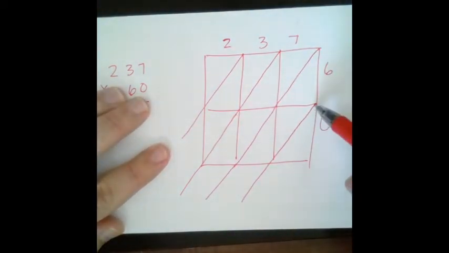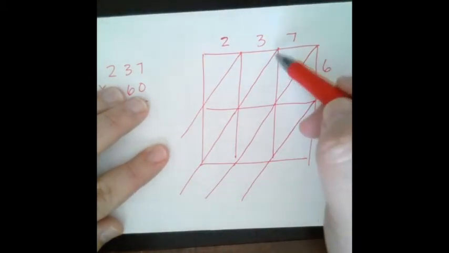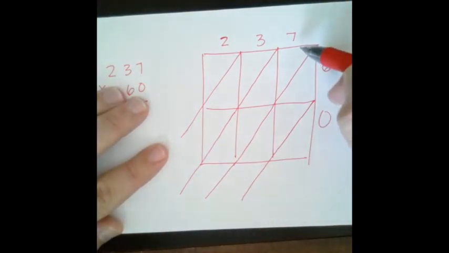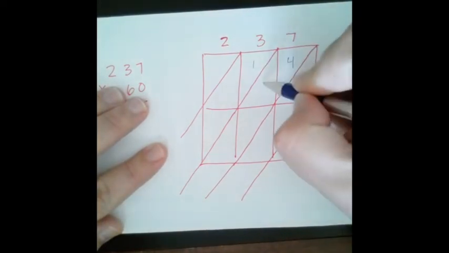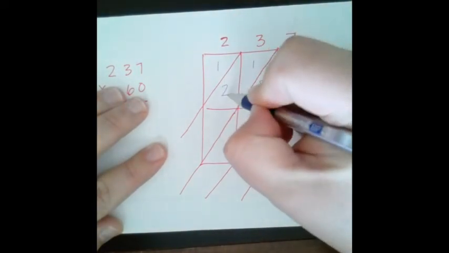So I took all my boxes and I split them in half, making my diagonals that go across the boxes like this. And then I basically just do the small multiplication problem that each box is asking for. So I go 7 times 6, that's 42. 3 times 6 is 18. 2 times 6 is 12.